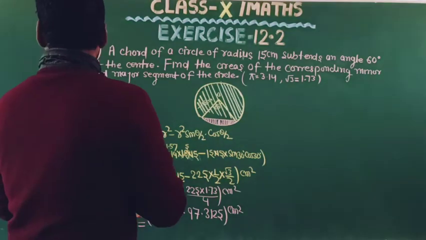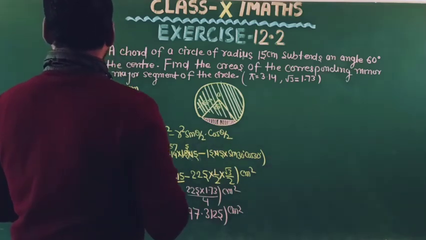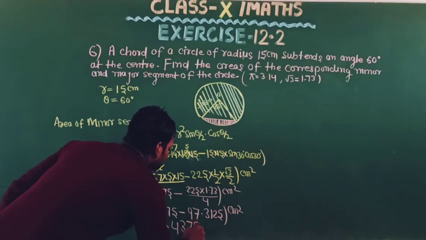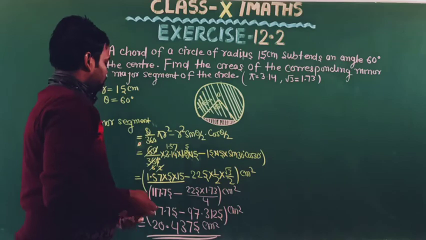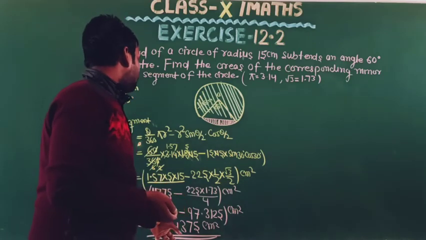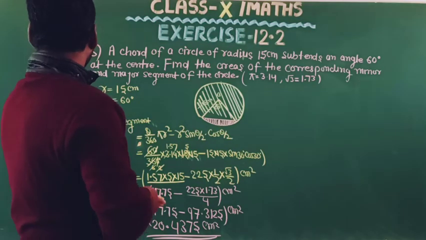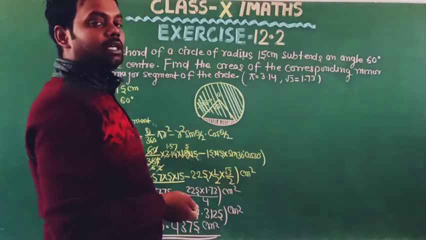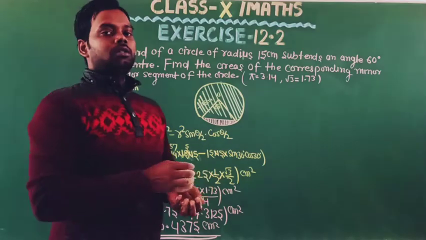So we will get 20.4375 centimeter square. This is the area of the minor segment, the area of the minor segment of a circle.